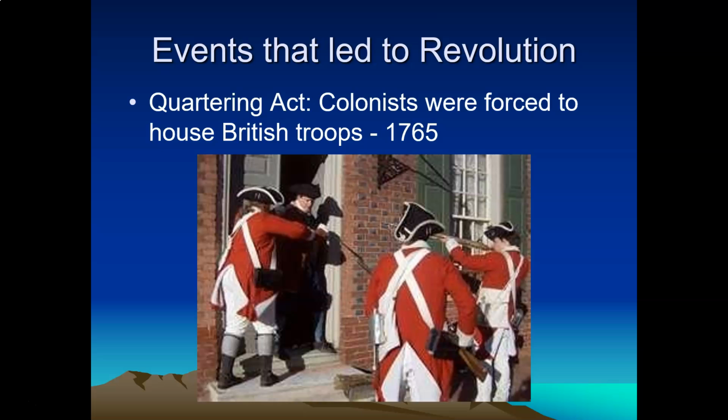But then after they start to resist some of that, you get the Quartering Act. And the Quartering Act was part of the Coercive Acts, and you guys are taking some of those definitions so we can skip a few of those things and let you get those on your own. But the Coercive Acts were put in place as a result of the Boston Tea Party, and basically the colonists tried to revolt against the British through their tea in the Boston Harbor, and then in order to quell that, they put in place the Coercive Acts, and part of that was the Quartering Act, where colonists were forced to house the British troops.